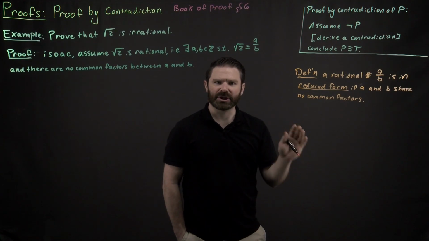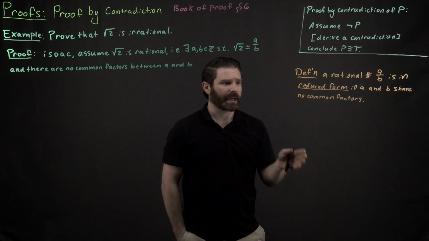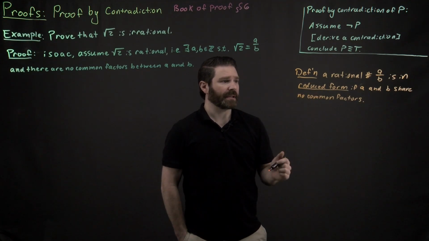And it's pretty easy to show that any rational number can be represented in reduced form.